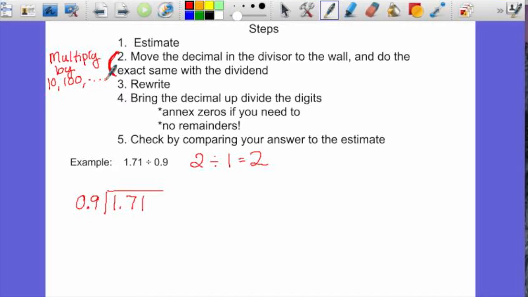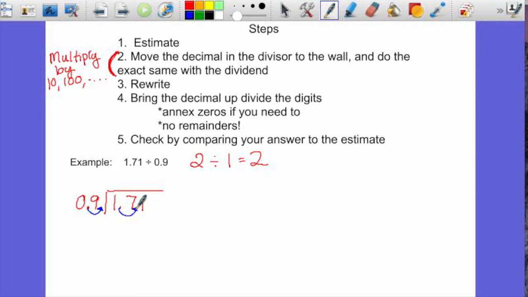I need to move this one place value so that I have a whole number, because whole numbers are much easier to work with than decimals. So I'm going to multiply by 10 so that I can move my decimal one place. And I'm going to do the exact same thing to the other number. If you do it to one thing, you have to do it to the other so that you keep your balance.